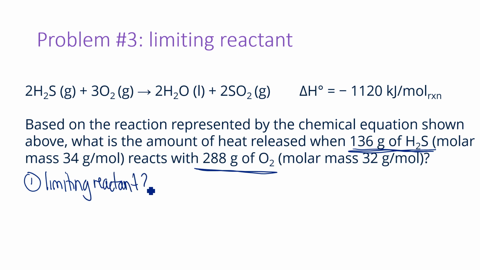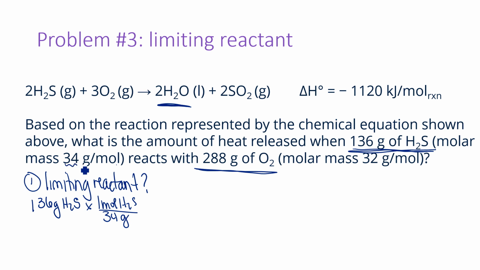The way I typically go about finding the limiting reactant is I pick a product, like let's pick water, for example, and I start with my reactant, like 136 grams of H2S, and I figure out how many moles of product would be made if all of my H2S reacts. So I have 136 grams of H2S. 1 mole of H2S is 34 grams.